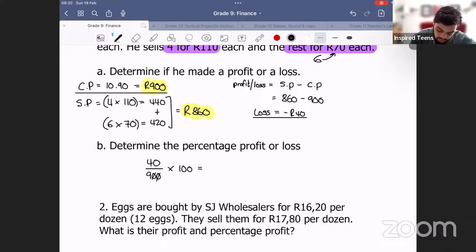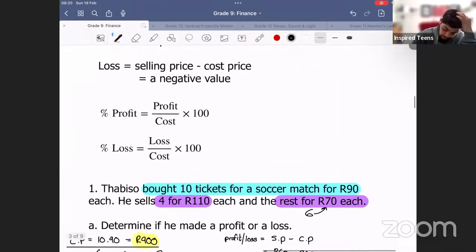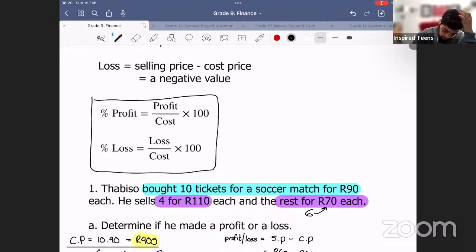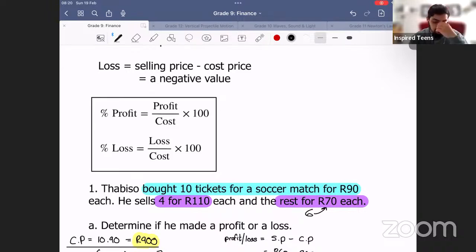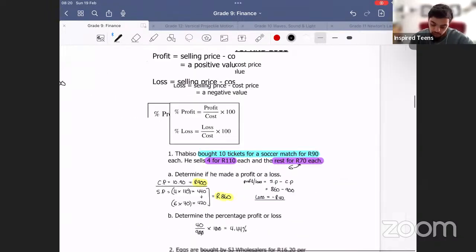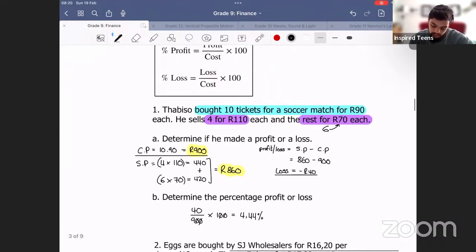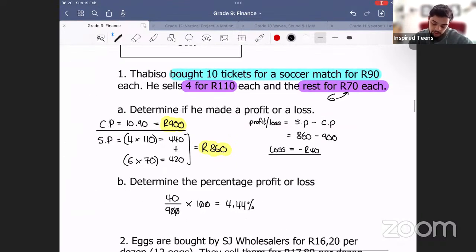We do this calculation: 40 divided by 9 is basically around 4.44%. So we're just utilizing these formulas, the percentage profit or percentage loss formulas: profit over cost times 100 or loss over cost times 100. In this case, Tabiso made a loss of 4.44%.